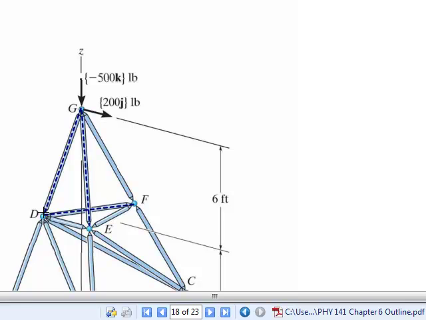We could find all the reactions at G or components at G and F. Right, so we could use method of joints at G and then at F, and that would cover all of the ones that we need. Or we could use a method of sections. Right?